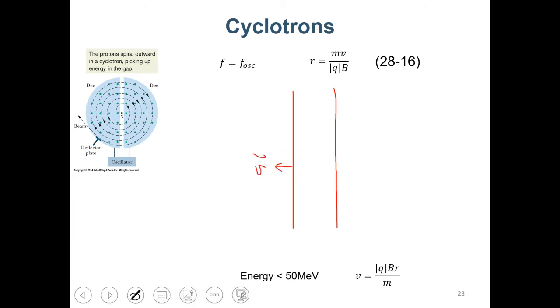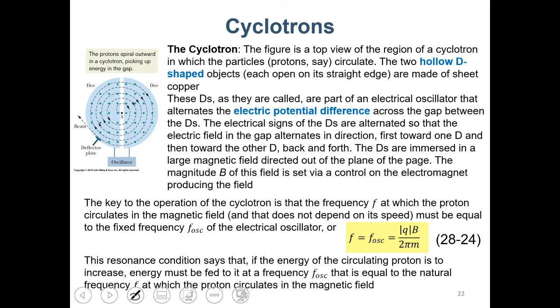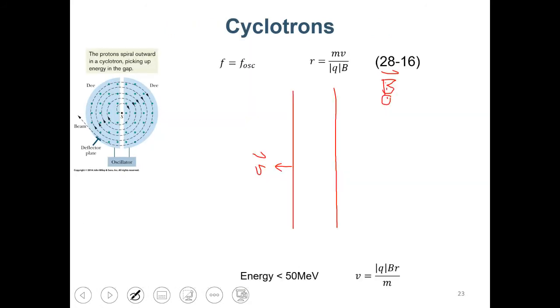And then the B field is pointing out of the page, a uniform B field out of the page. It may be a proton, which is a positive charge.